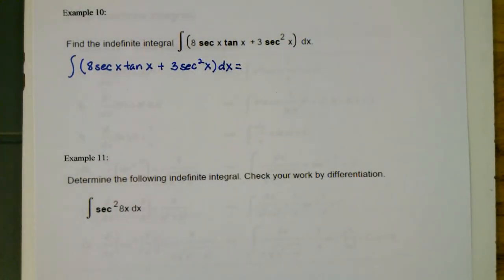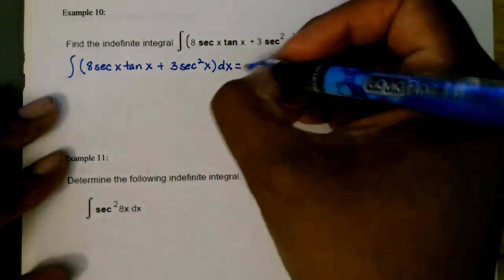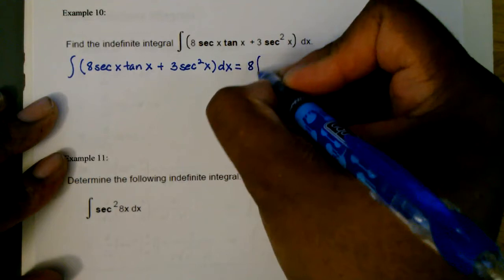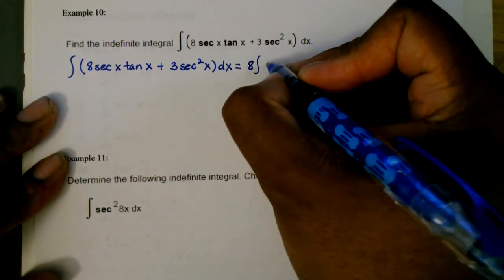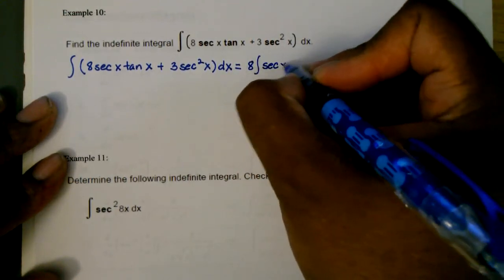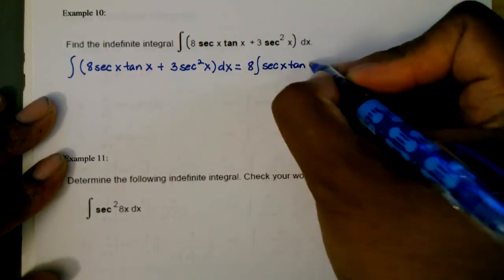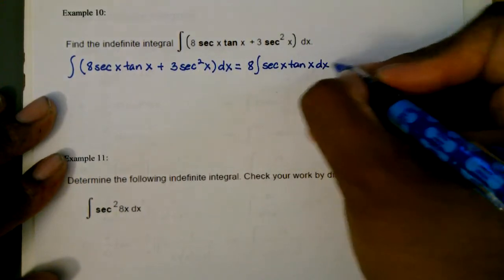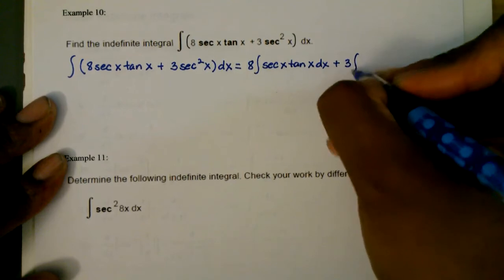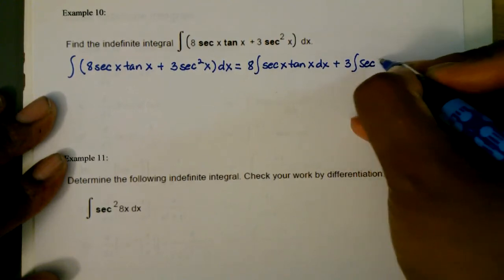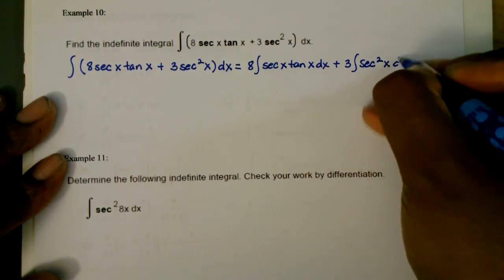All right, so now I'm going to use the combination of the constant multiple rule and the sum rule for this. I'll have 8 on the outside times the integral of secant x tangent x dx plus 3 times the integral of secant square x dx.